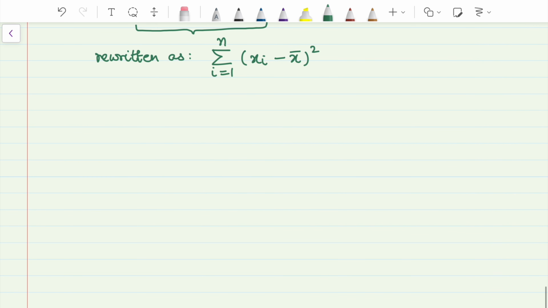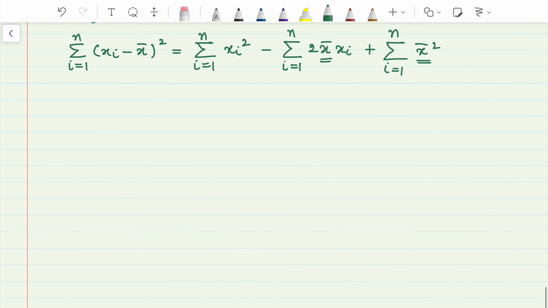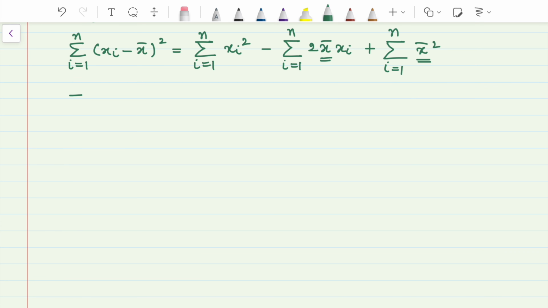Let us prove this quickly. We will first expand the summation of xi minus x bar whole square as shown. Here we have to keep in mind that x bar is a constant value. So the summation of x bar square actually becomes n times x bar square.